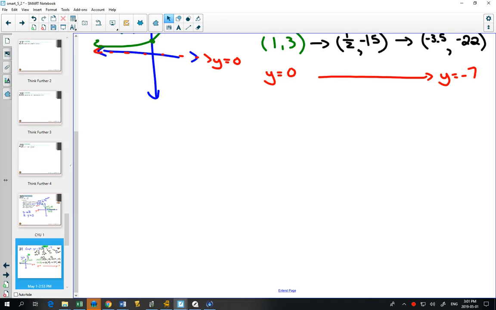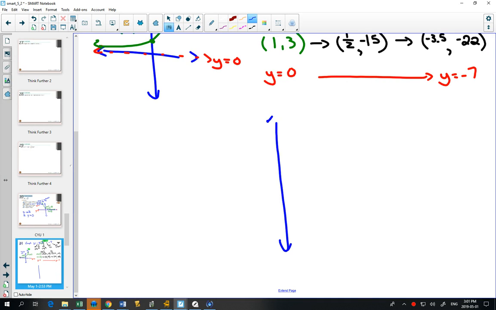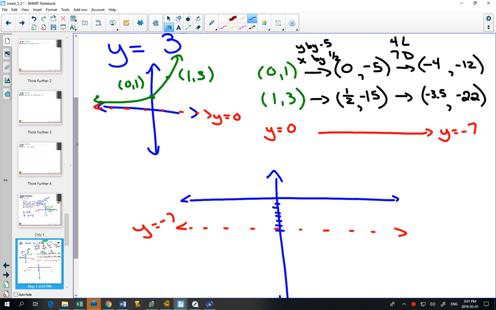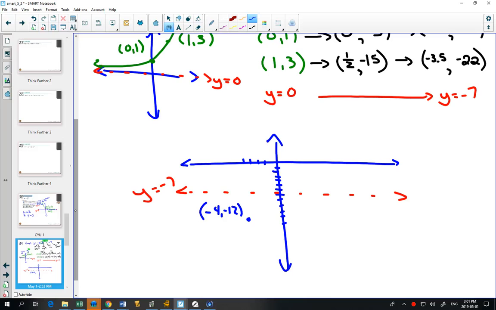When we go to graph, start with your asymptote. Draw a dotted line with your red pen at y equals -7. Plot the 2 new points. We have -4, -12, and -3.5, -22.